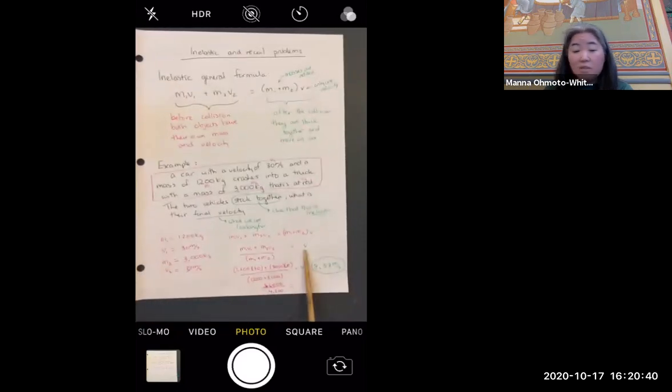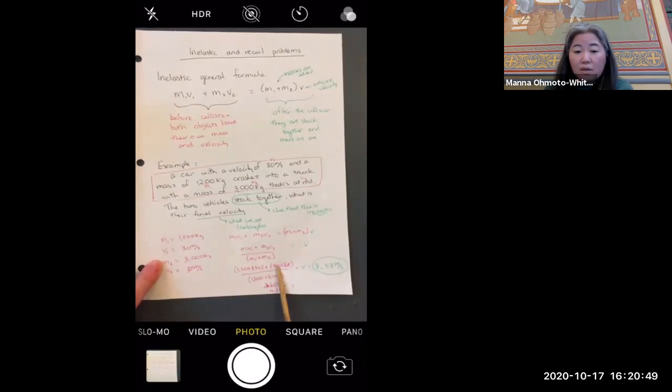Now I've solved for V, and I plug in the numbers. 1,200 goes with M1, 30 goes with V1, 3,000 goes with M2, and 0 goes with V2. M1 is still 1,200, M2 is 3,000. So I get 3,600 over 4,200, which is equal to 8.57 meters per second.